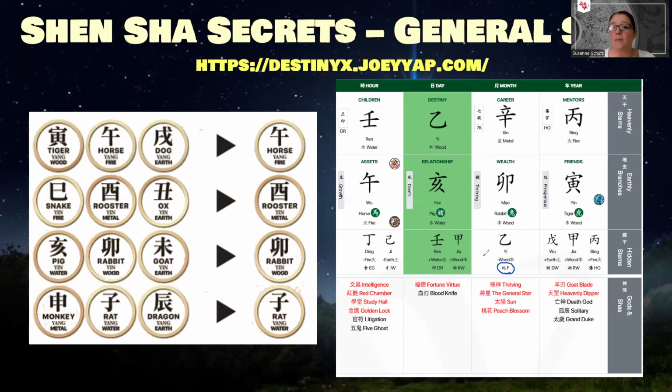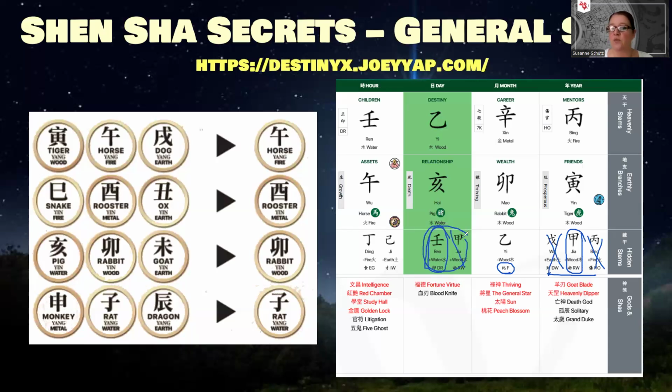Some of you may have two hidden stems, in which case you refer to the one that is written on the left-hand side, slightly bigger than the other. If you have three hidden stems, like in this pillar here, you only focus on the center one. Only the center one. These we don't care about. If you only have two hidden stems, like in this case here, you focus on the one on the left.